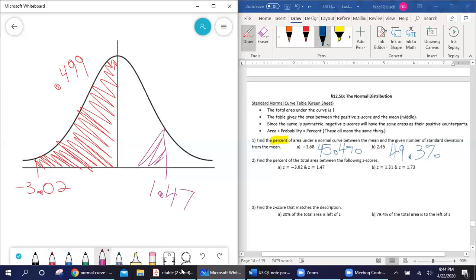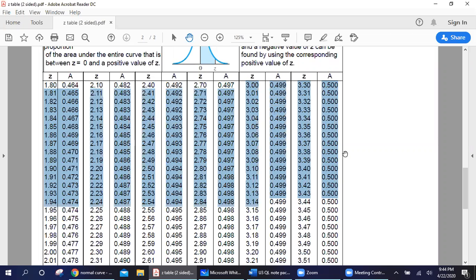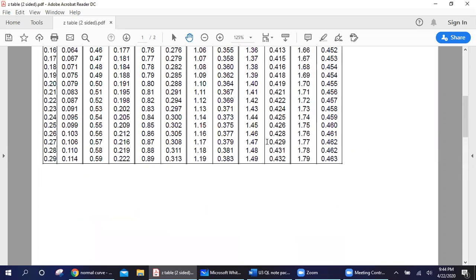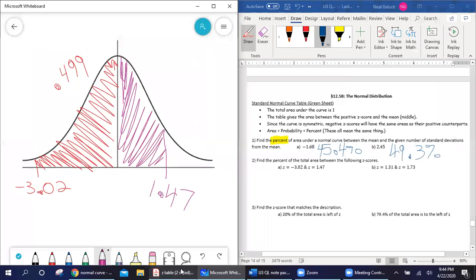Then 1.47 to the middle, that purple area. Okay, so I've got to go to my table and go to 1.47. It's going to be on the other page. 1.47 goes with 0.429. The red and the purple together are going to give me the entire area. So I'm just going to add these together.